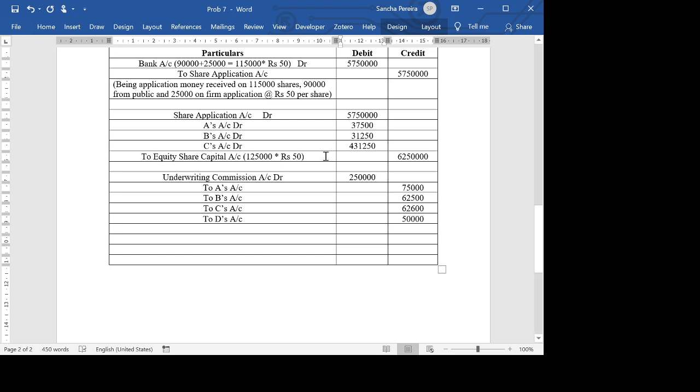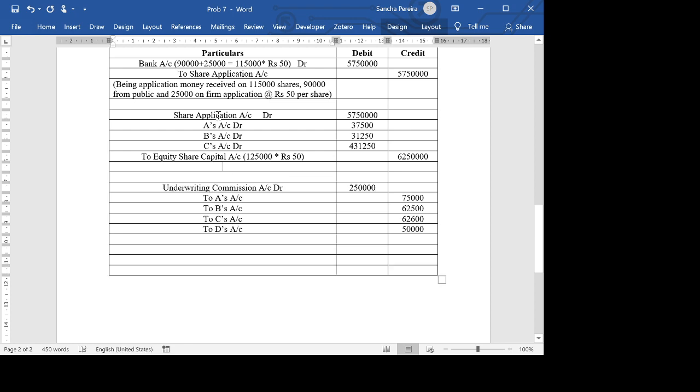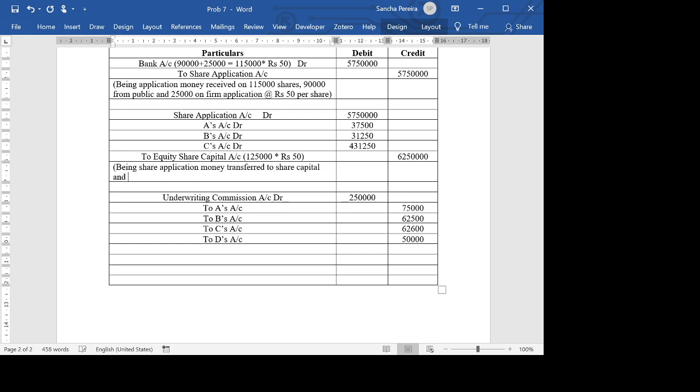Oh, sorry, I forgot to put the narration here. Being share application money transferred to share capital and the balance adjusted towards underwriters. That's what we have done.